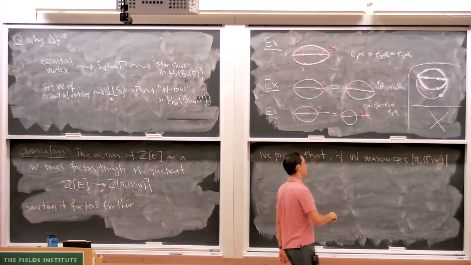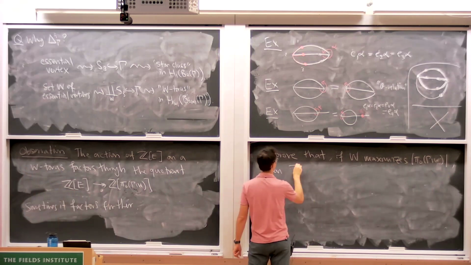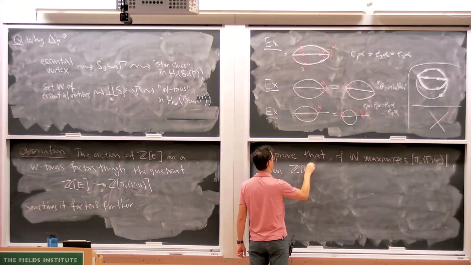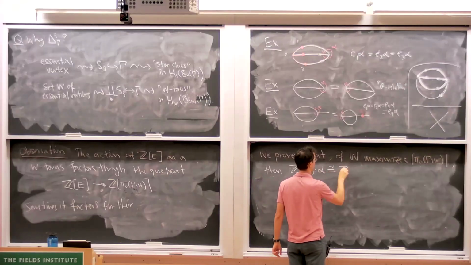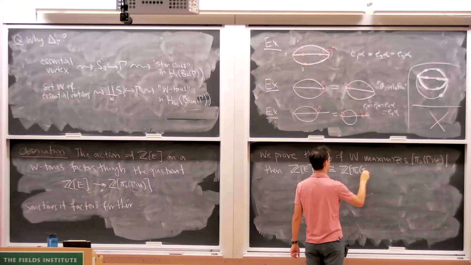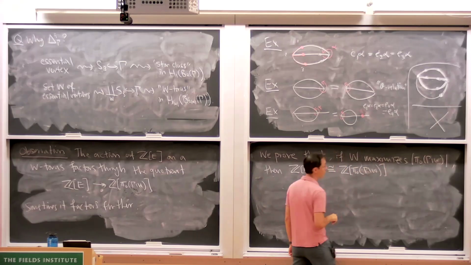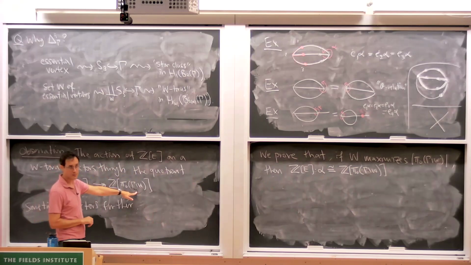then for some W torus, we have that the submodule of homology generated by alpha is actually isomorphic to the free module over this quotient ring as we would like.